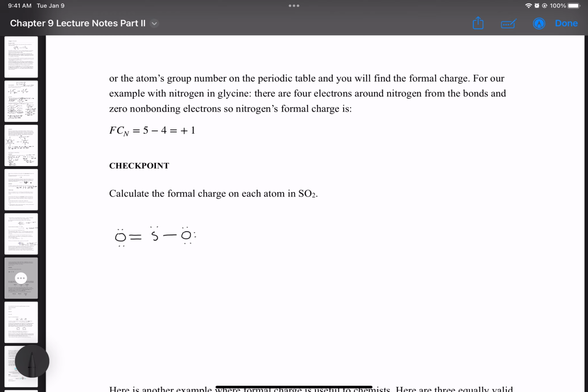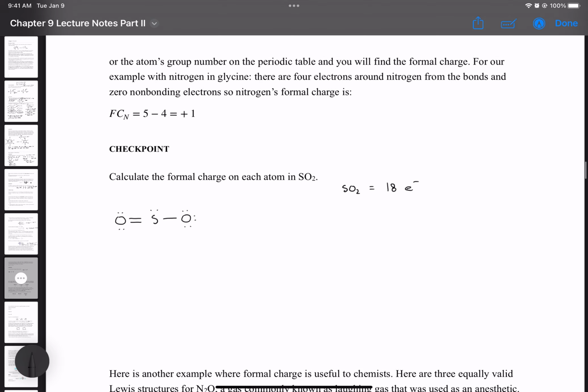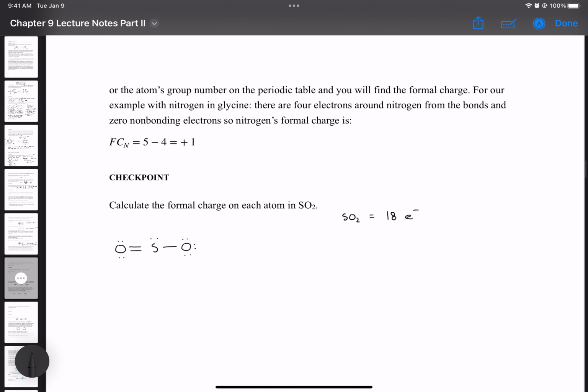Remember, SO2 has 18 valence electrons, like we determined previously. Okay. So this is the structure for sulfur dioxide. So let's calculate the formal charge on this oxygen atom here.